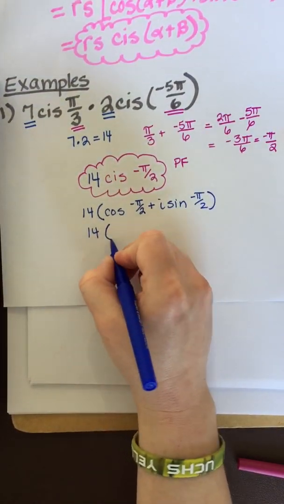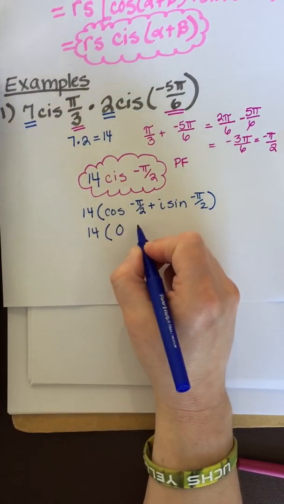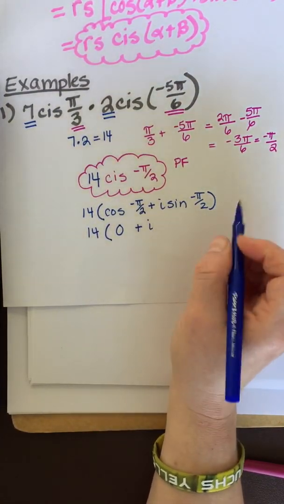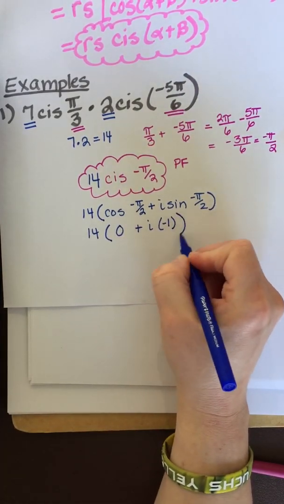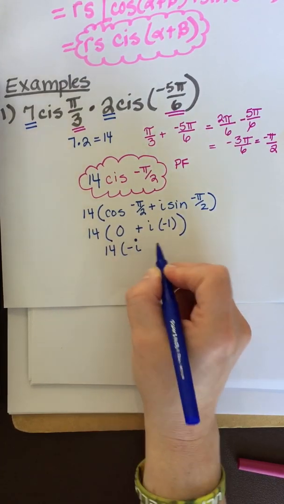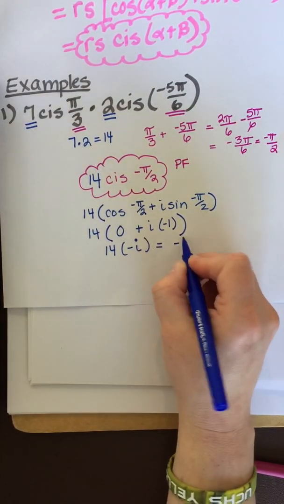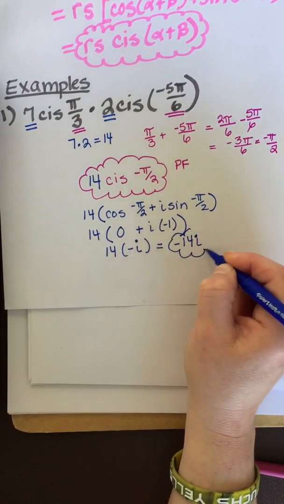The cosine of negative pi over 2 would be 0. And then i times the sine of negative pi over 2 would be negative 1. So that's 14 times negative i, or negative 1i, which is negative 14i. And that's the rectangular form.